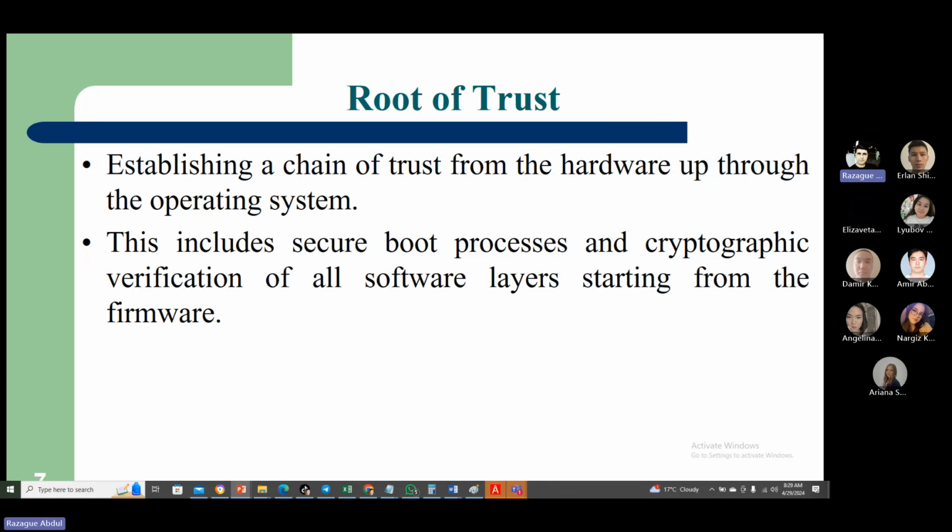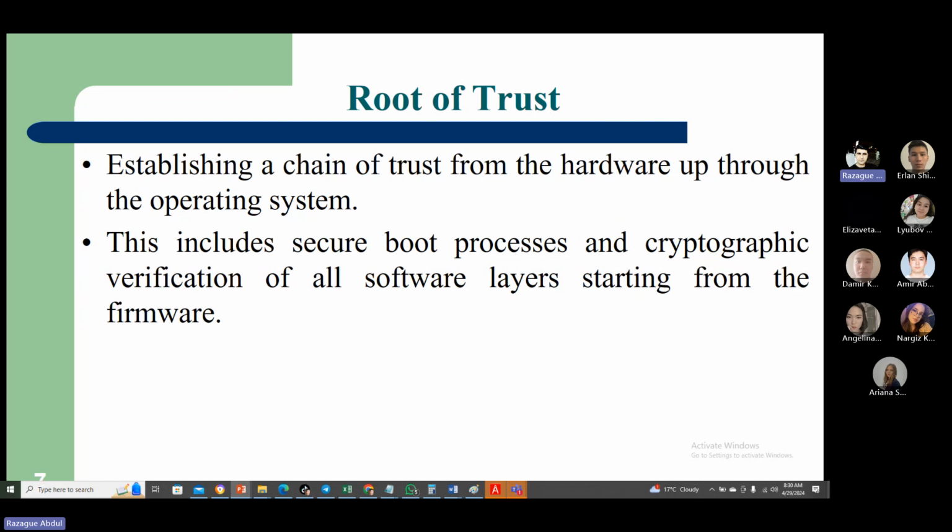What kind of functions? Like hardware security modules, which are devices that manage, process, and store cryptographic keys securely. And also we have secure enclaves, meaning protected areas in CPUs like Intel SGX that provide additional security for sensitive data processing.